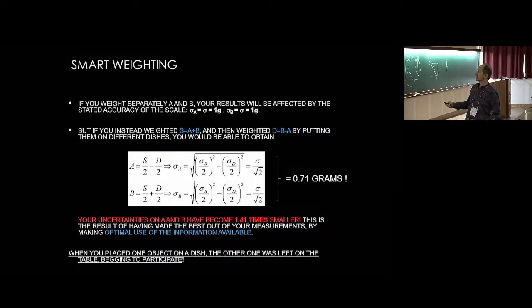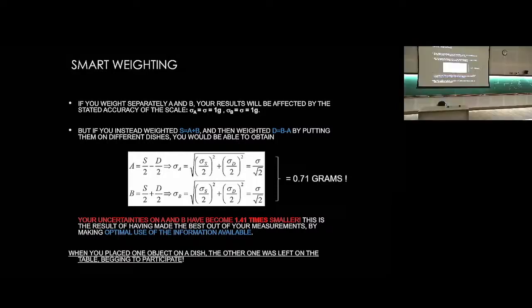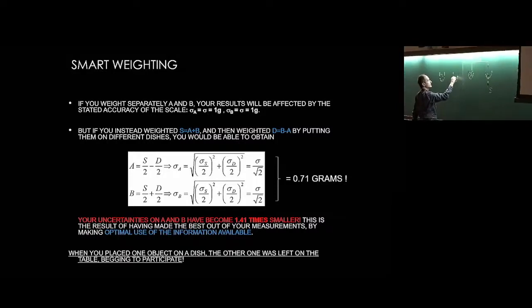S is the sum of the two measurements of the two objects. So basically, I have only made two measurements, but in one case, I have put the two objects here, and I have found the equilibrium point. And so the sum of these reference weights gives me the sum of the two objects' weight. And then when I do the difference, I will put one object here and the other here, and maybe I will have to put some reference weights here.